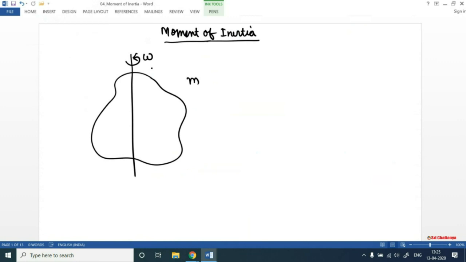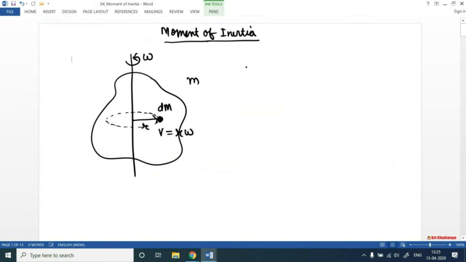To find the kinetic energy of this rigid body, let's take a small element of mass dm. Since this body is moving with angular velocity about this fixed axis, this point dm, at distance r from the axis, will be moving with tangential velocity v equal to r omega.